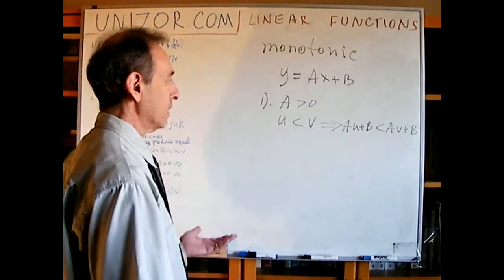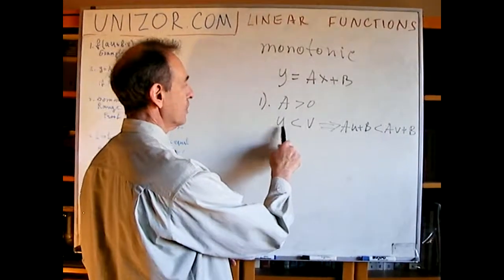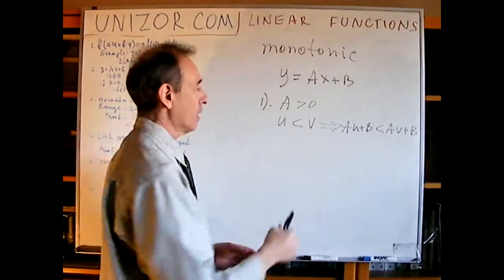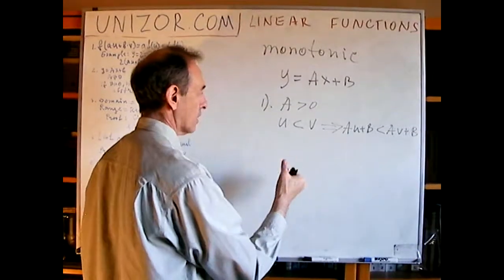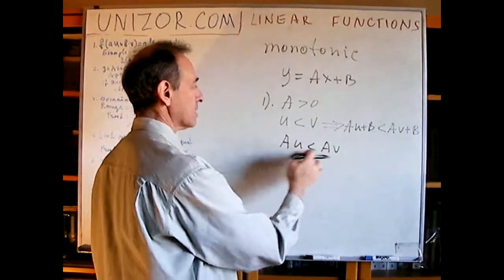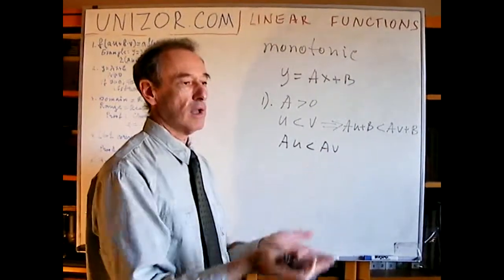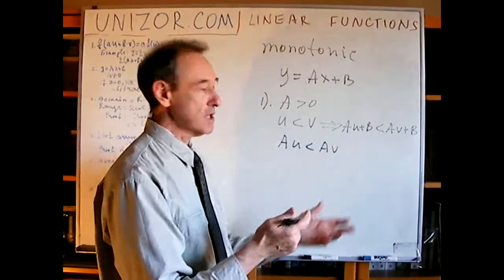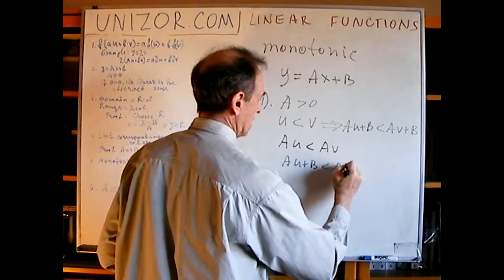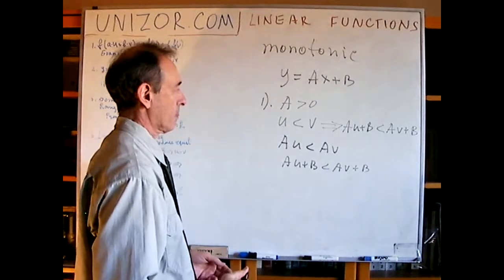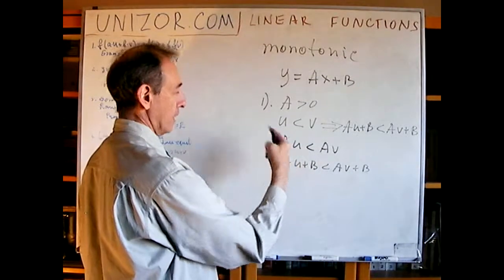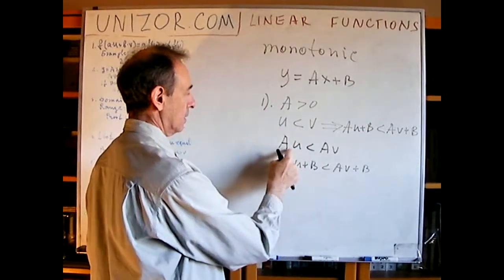Well, how can we prove it? It's basically very easy. Let's think about it. If u is less than v, and we multiply a smaller number by some positive number, then the result will be smaller, which means au will be less than av. Now, if you have two numbers, one less than another, and to both we are adding the same number b, obviously the result would also be smaller. So, starting from the smaller argument than another, we multiply by a positive real number a.